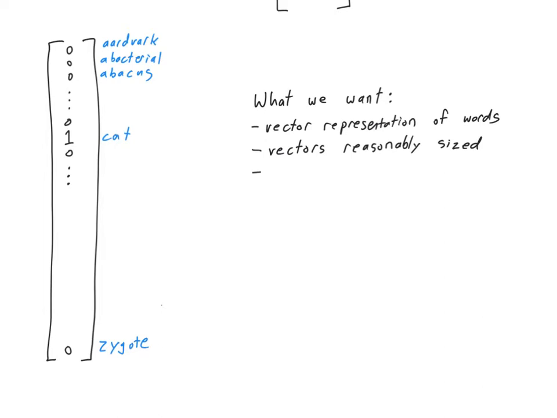And we'd also love for this numerical representation to carry some amount of actual semantics. That is, words with similar meaning have similar vector representations, and words with completely different meanings are not represented by similar vectors.